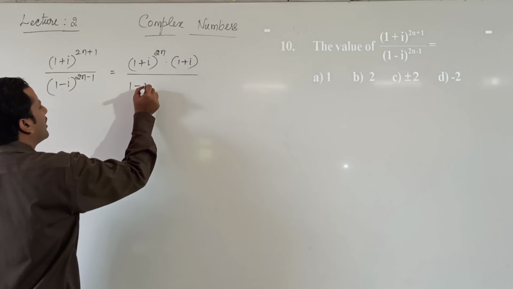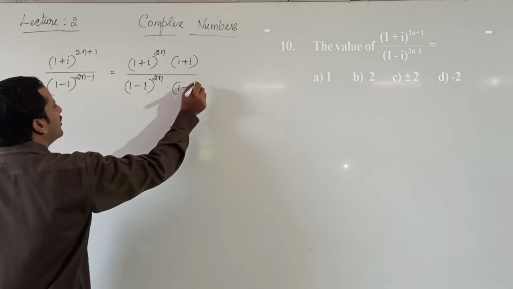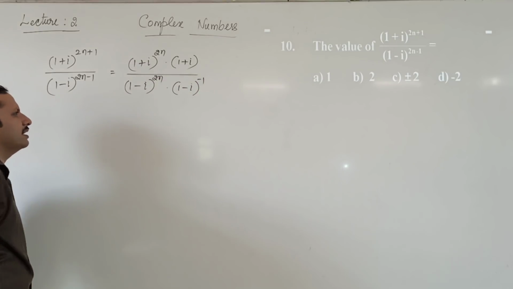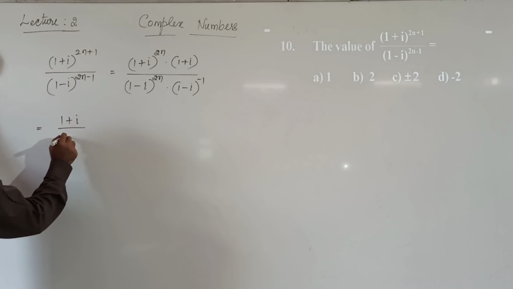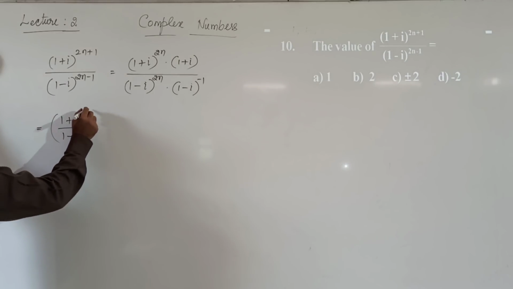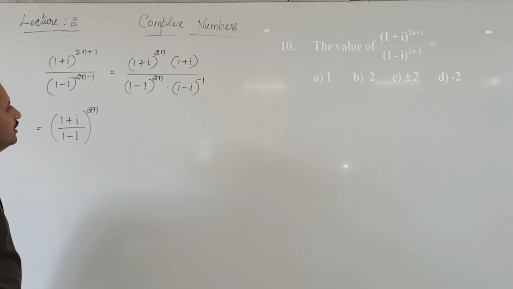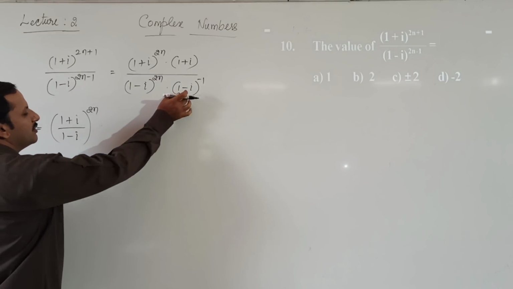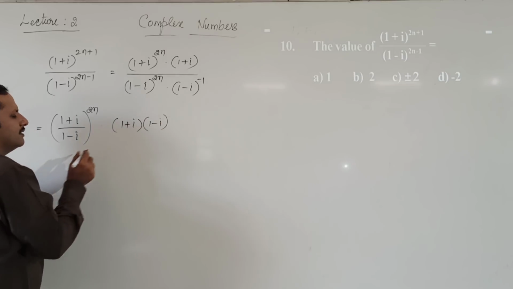Denominator is (1 minus i) whole power 2n into (1 minus i) to the power minus 1, so it will go to the numerator. Here together I can write it as (1 plus i) divided by (1 minus i) whole power 2n into, this will go up, so you will have (1 plus i) into (1 minus i).